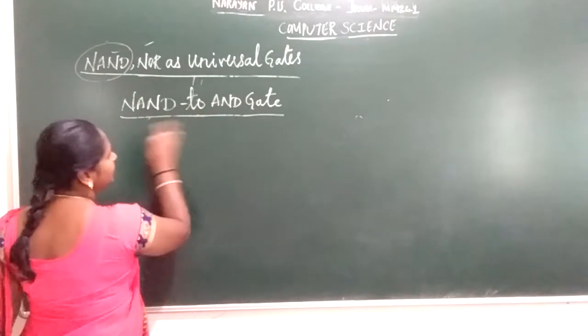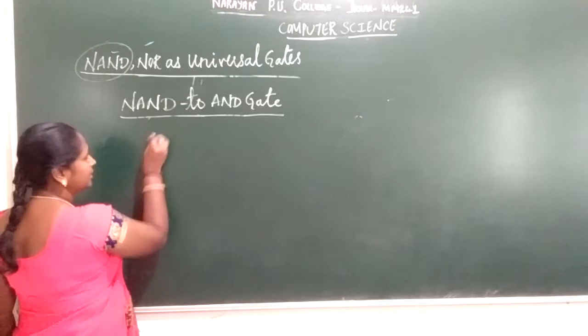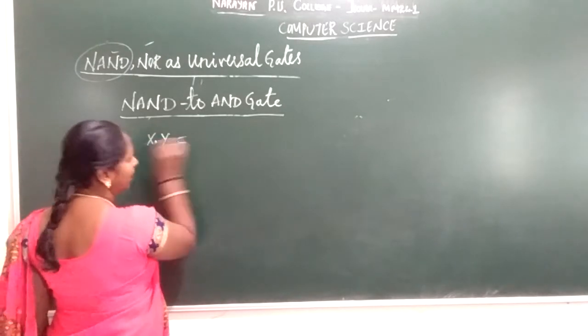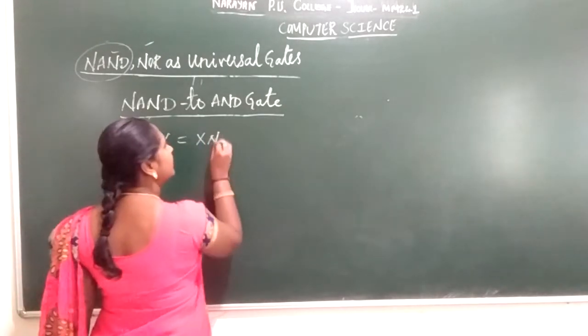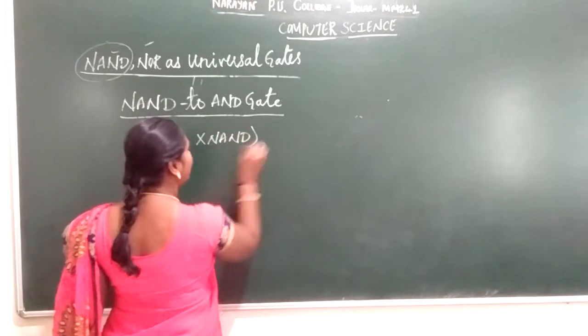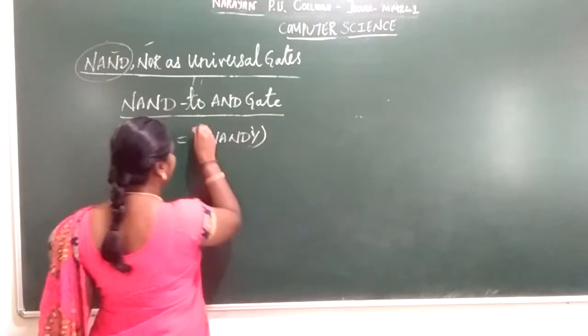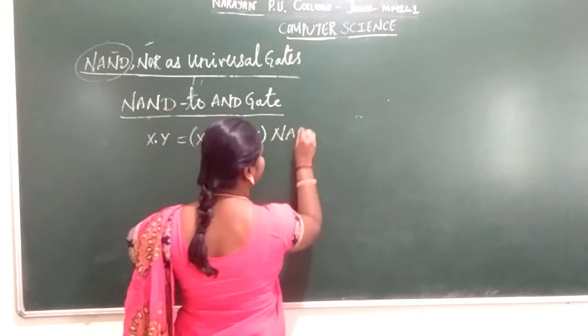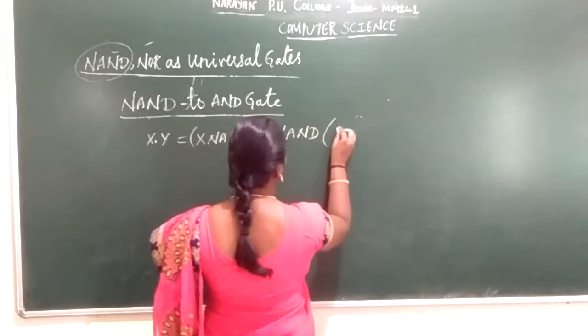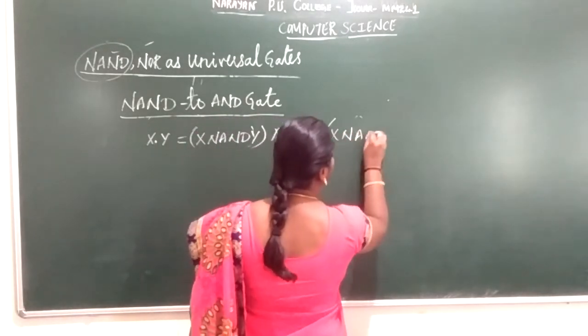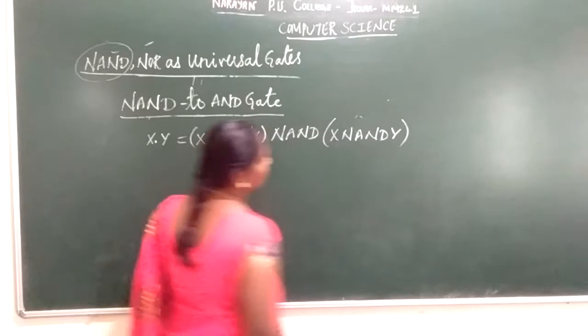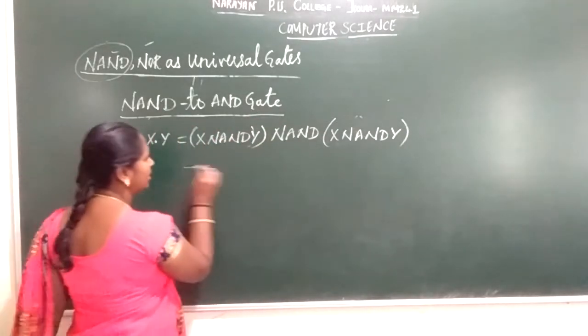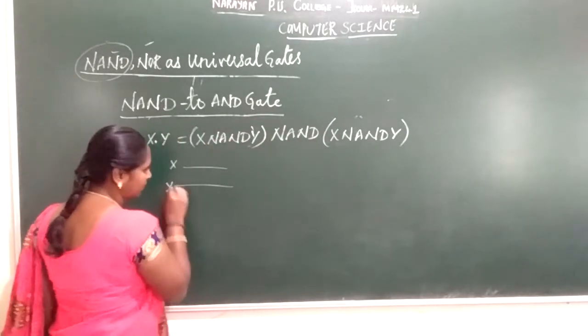In this NAND to AND, xy can be written as x NAND y, NAND x NAND y. So what will be the logic diagram? x and y are my input.